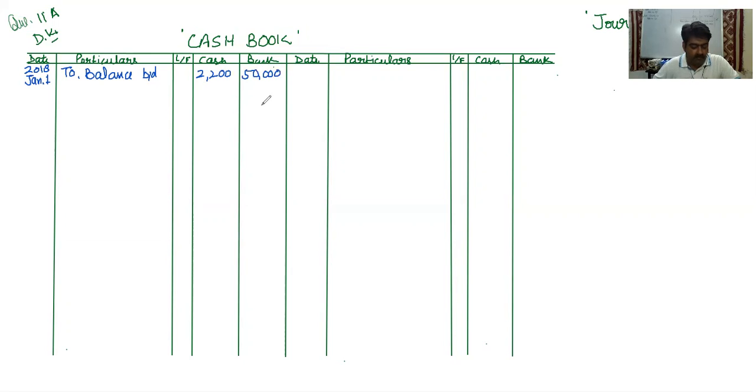Okay, after this, January 3, purchase goods for rupees 75,000, trade discount 20%, CGST 6%, SGST 6%, payment made by check. So very simple treatment will come in credit side because it is our payment, 2018 January 3, and our journal entry will be purchase account debit, input CGST debit, input SGST debit to bank account.